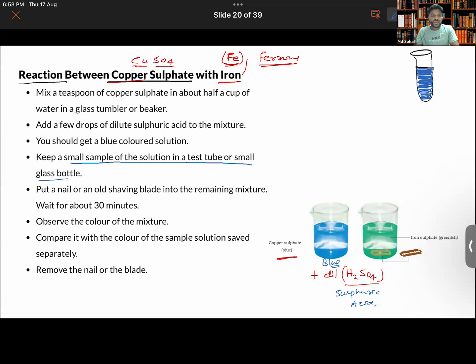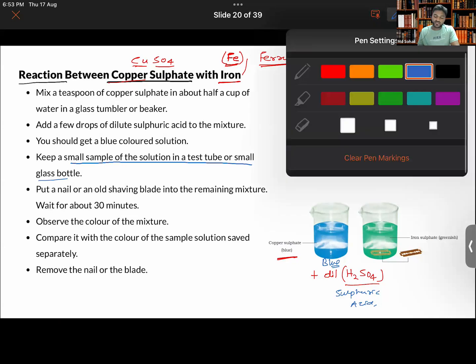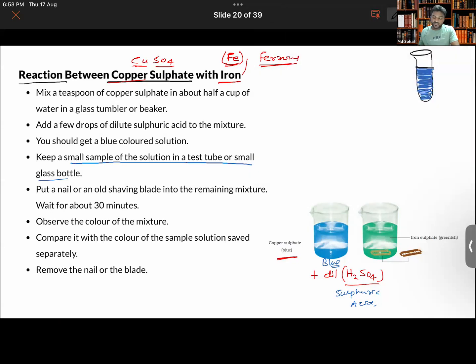Now put a nail or an old shaving blade into the remaining mixture. So we have taken a piece of iron object here that has basically rusted. This is rusted iron over here, that we are going to dip into this solution, the solution of copper sulfate and dilute sulfuric acid.